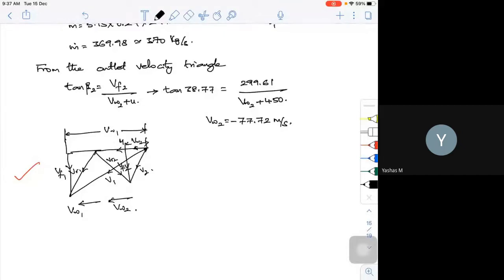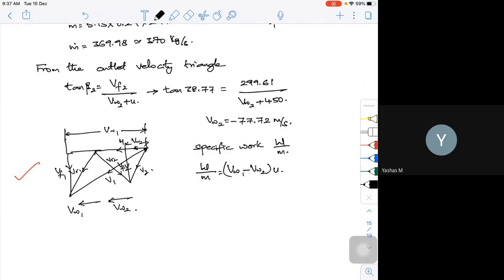Now once you have this VW2, I should be able to find your work done. So specific work, what is specific work? W by M. What is the formula? W by M is equal to VW1 minus VW2, into your U. Look at this, I am retaining the sign of VW2 as minus because it is in the same direction.